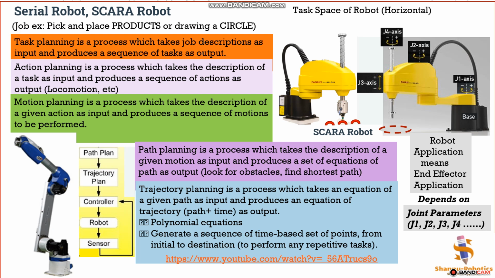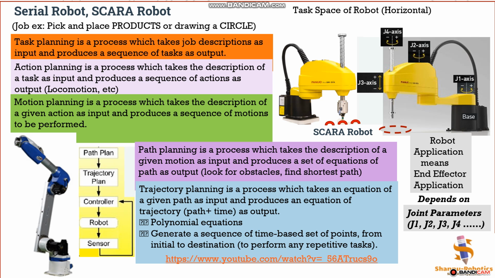The two pictures show the application scenario. For example, if you want to write something on products, attach labels, or do some assembly in the horizontal plane, then you should prefer a SCARA robot. Another example is drawing something in the horizontal plane.